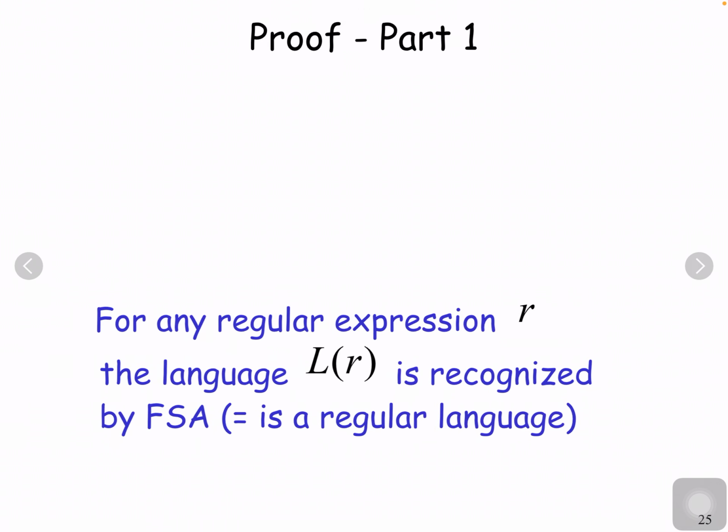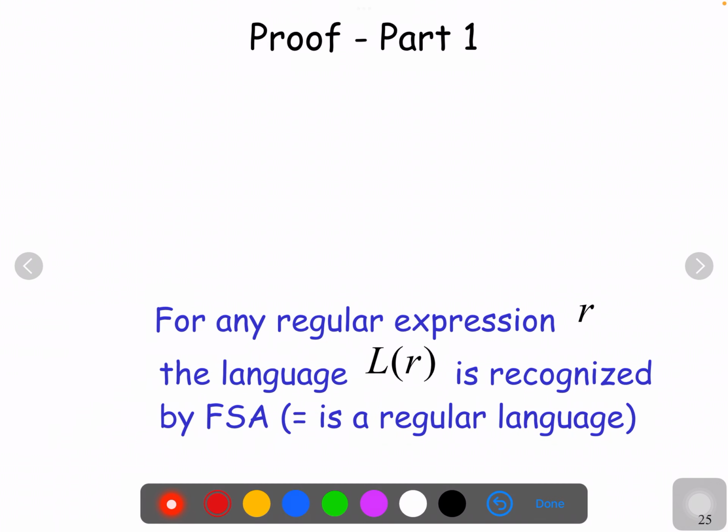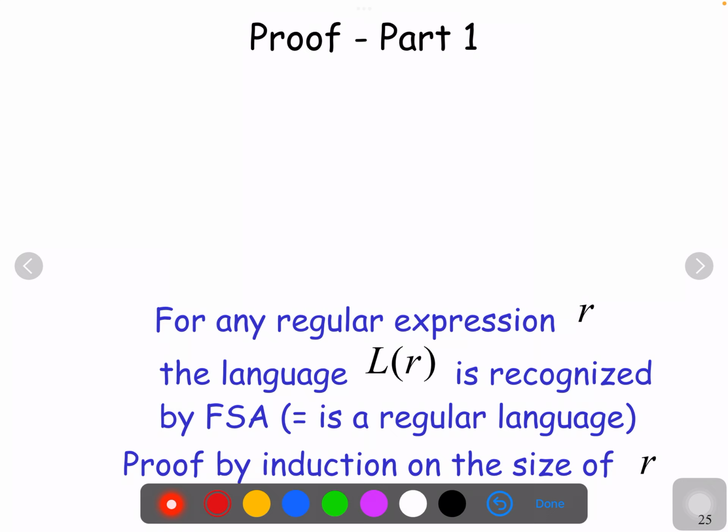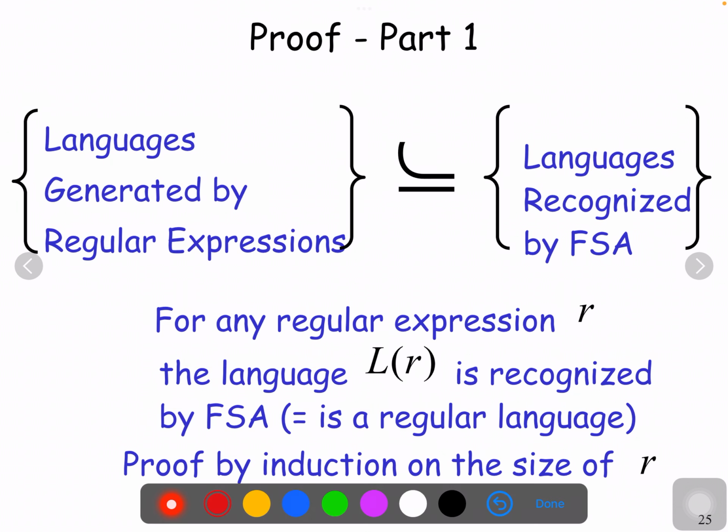Part 1: for any regular expression R, the language L of R is recognized by a finite state automata. R is a regular language, so we can prove this by induction on the size of R. That is nothing but the language generated by a regular expression is a subset of the language recognized by a finite state machine.